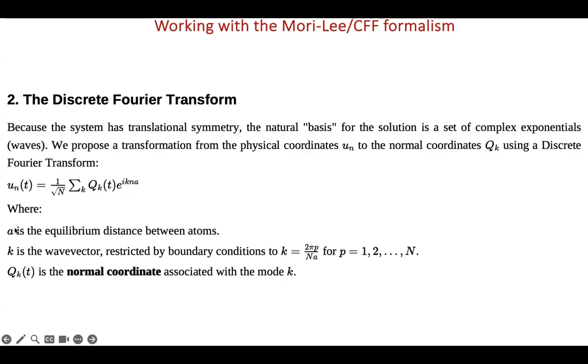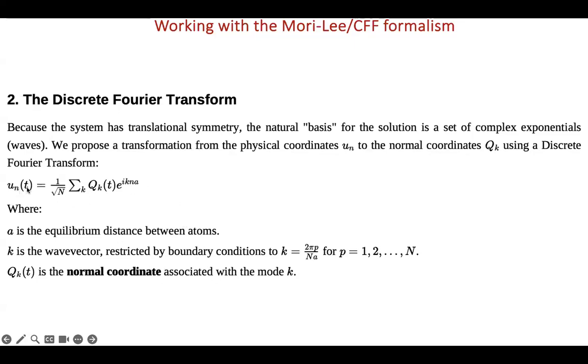So each of these atoms are a apart, and you see that a enters explicitly in the Fourier transform. And then you have this small n, which runs from 1 to N. Here they call it p, but anyway, it's the same thing.